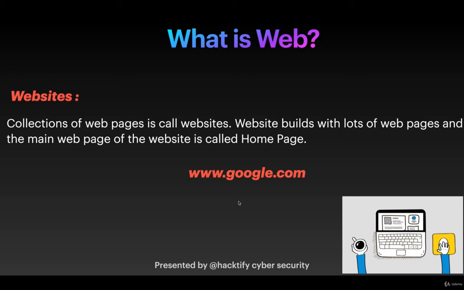CSS is used for designing your web pages. For example, with the help of CSS, you can change the color of the text in your web pages. JavaScript is a programming language for the web. With the help of JavaScript, you can update both the HTML and CSS, and add more functionality to your website or web page.